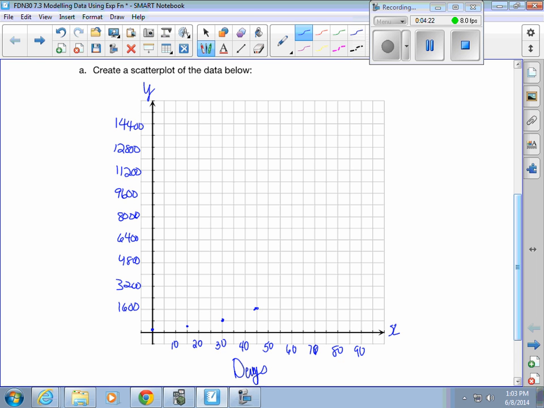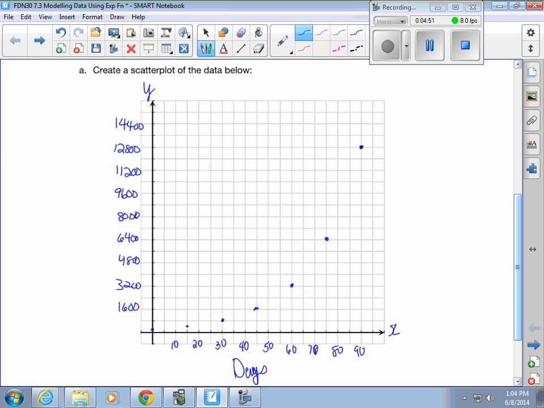Day 60, we were at 3200. Day 75, we were at 6400. And I've got to make this match up. And day 90, we were at 12,800. So up here. Okay, so that's what the scatter plot would look like.